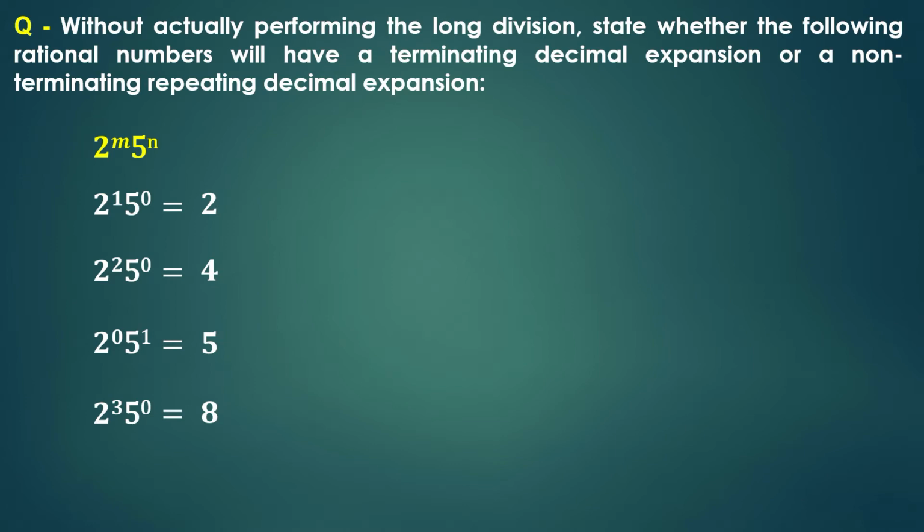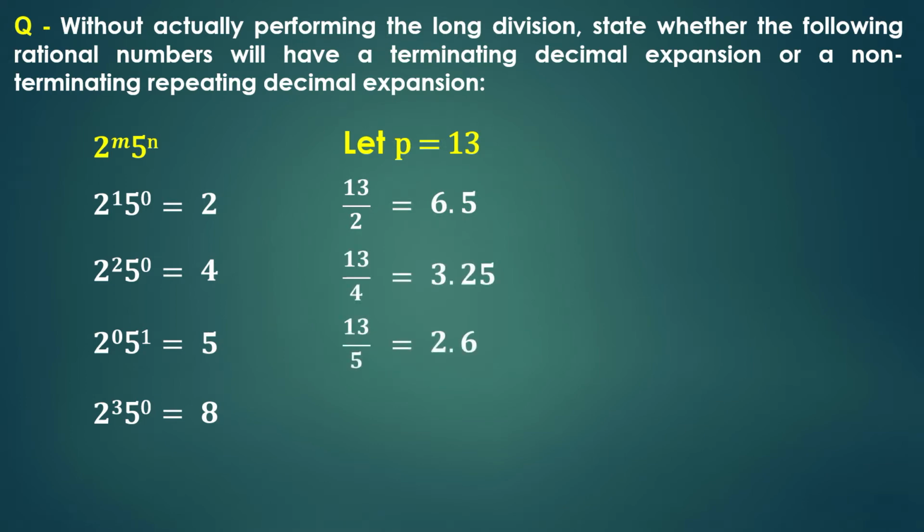Now let us take a number, say p, which is equal to 13. Let's try dividing 13 by the numbers of the form 2 to the power m into 5 to the power n. 13 by 2 gives 6.5, 13 by 4 gives 3.25, 13 by 5 gives 2.6, and 13 by 8 gives 1.625.